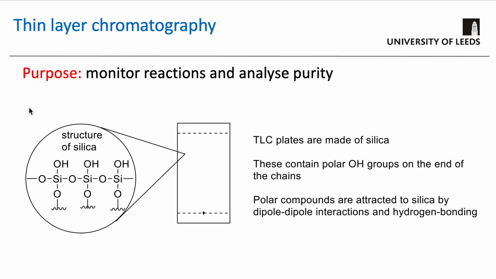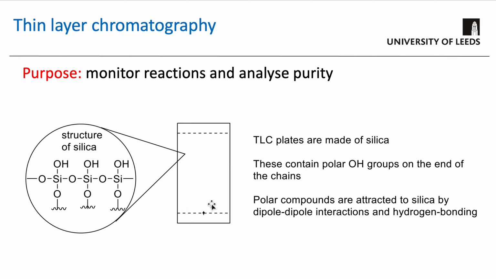The principles are basically the same. It's just a variation using different materials, and it's more specialised and focused on the analysis of organic molecules. So first you have a TLC plate.